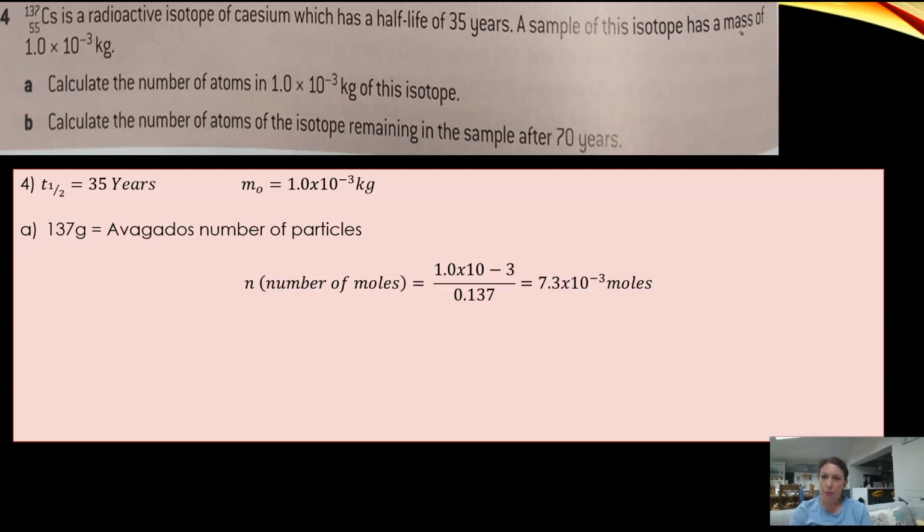So the number of moles that you have in total will be the mass that you have divided by the molar mass, which is 137 grams. So you've got 1 times 10 to the minus 3 kilograms divided by 0.137 kilograms. I've just converted grams into kilograms. That gives me 7.3 times 10 to the minus 3 moles.